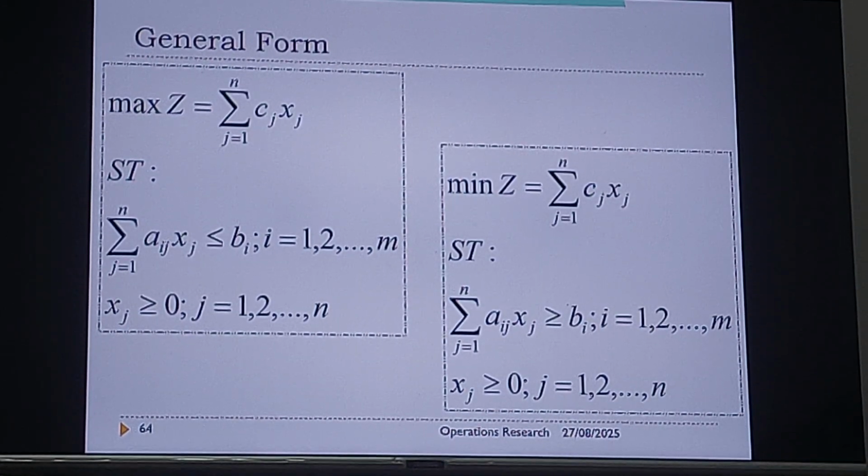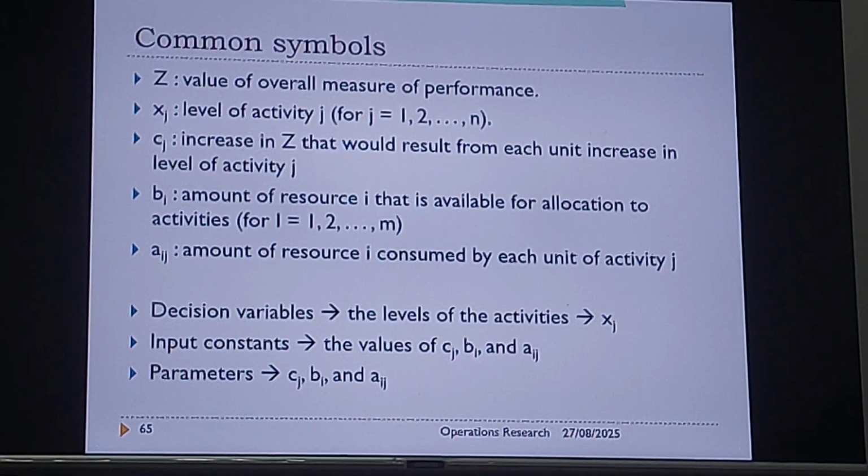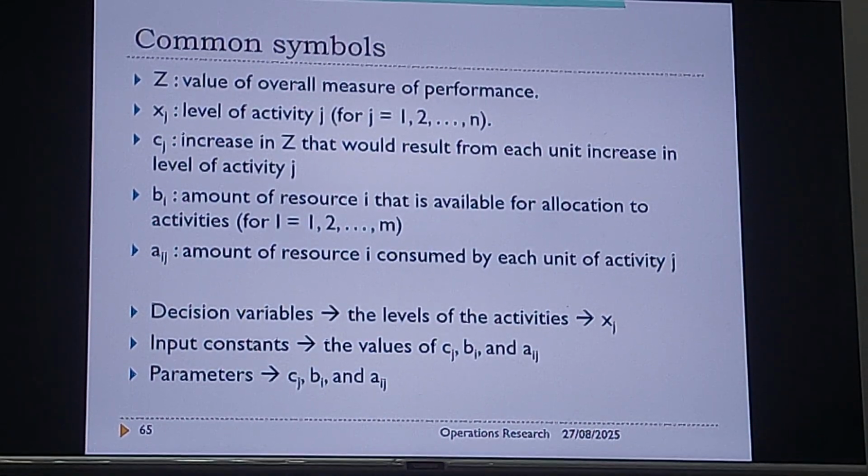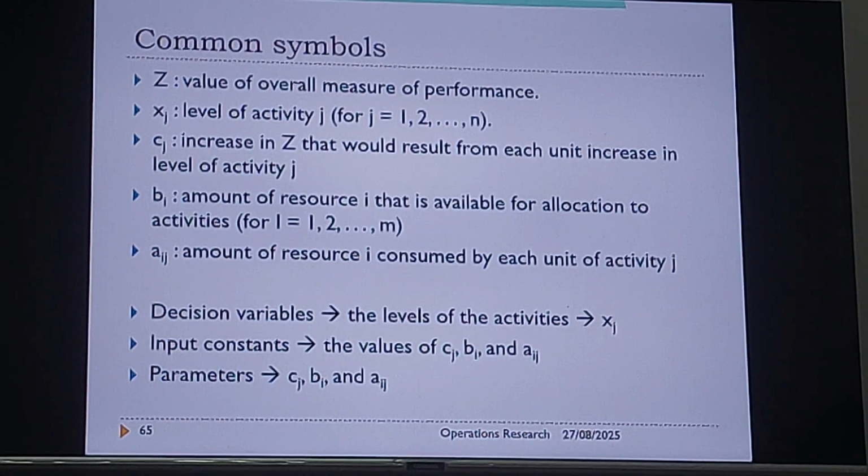More detailed explanation about what is Z, X, C, B. I said usually because to make it easier to understand, but it doesn't always have to be capacity. For example, B could also be something else. One of the sources i that is available for allocation to activities.